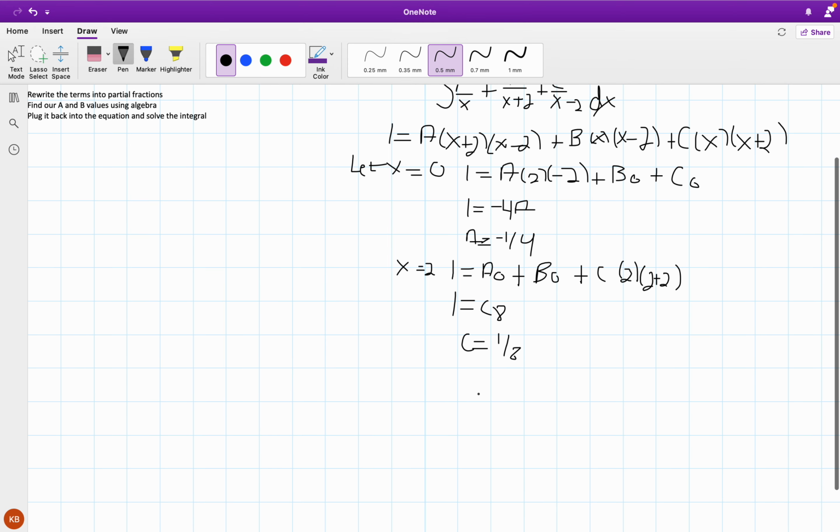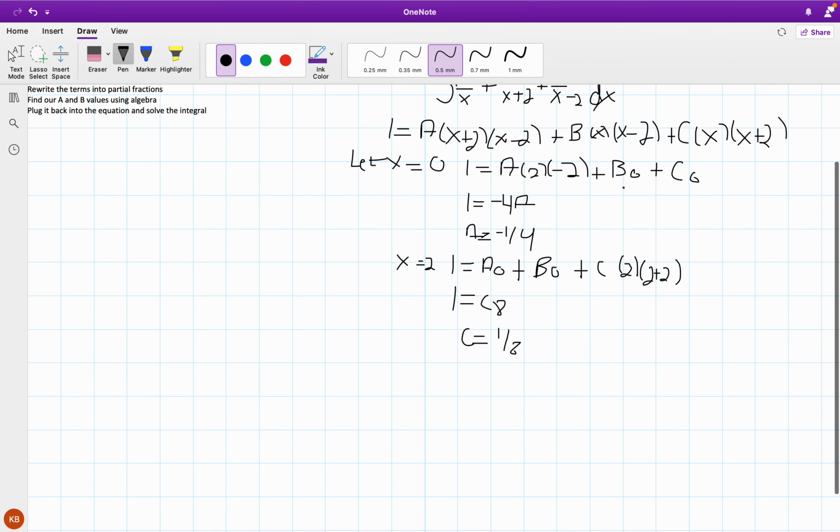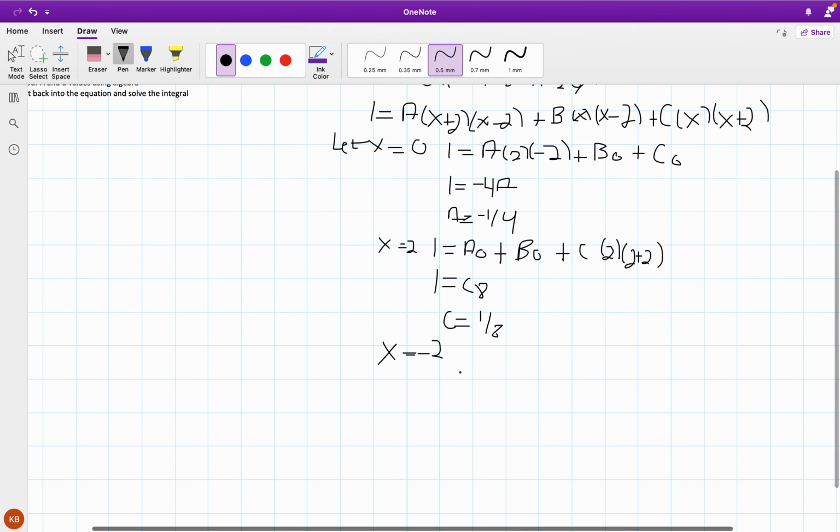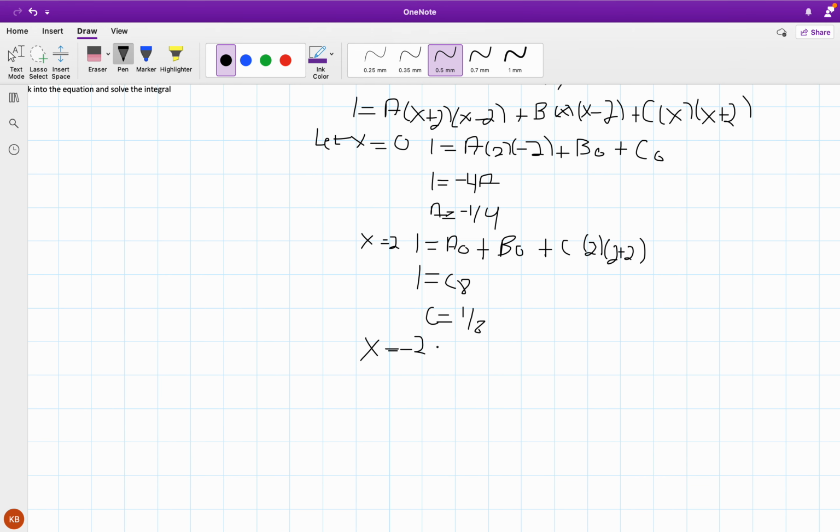I'm going to do this process one more time to find B. It looks like if we use negative 2, every other value is going to cancel out as well. So we're going to have x equals negative 2. 1 will equal A times 0 because negative 2 plus 2 is 0.